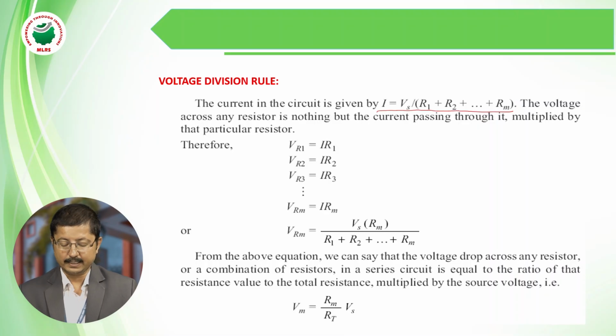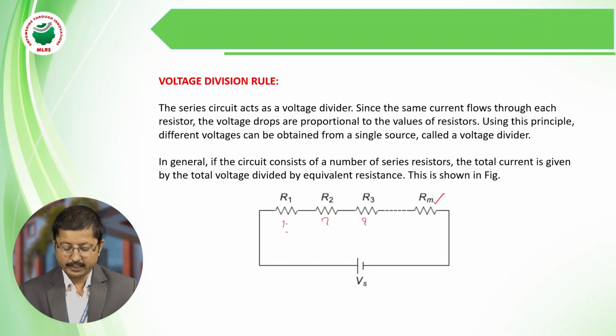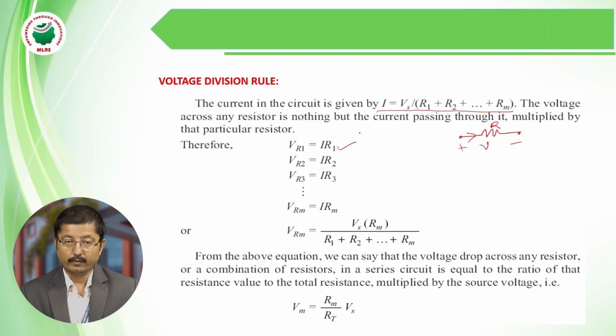The voltage across a resistor is nothing but the current passing through it times its resistance. So VR1 equals I into R1, VR2 equals I into R2, VR3 equals I into R3, up to VRM equals I into Rm, because in series circuits the current is the same, so I is common here.